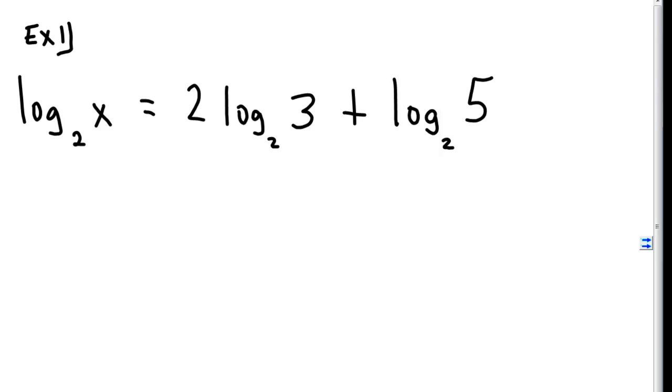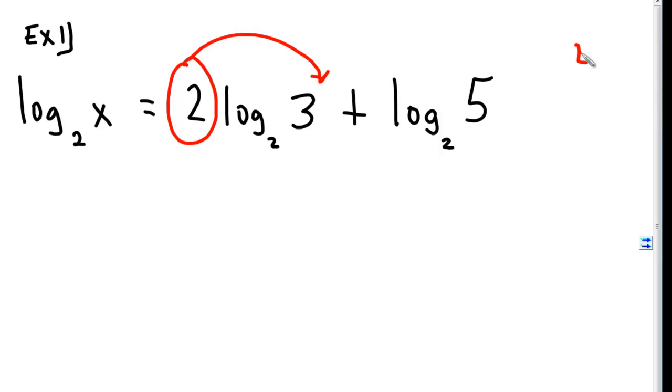Example 1. Log base 2 of x is equal to 2 times log base 2 of 3 plus log base 2 of 5. On the left-hand side, this is as condensed as it will get. But on the right-hand side, we need to move the 2 over to this side.